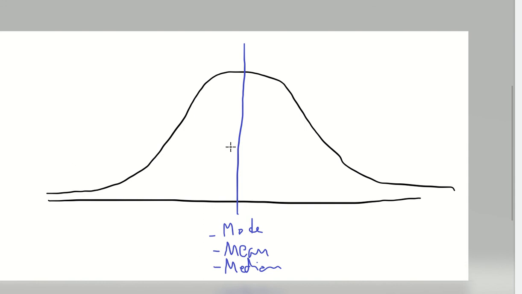Once you start adding extreme values on either side, so let's suppose that I'm adding extreme values here, very large extreme values, you're going to observe a shift. So the top is here, but then you have a shift like this. Let me draw it again so you understand how it's going to look. This is where you have extreme values that are large.